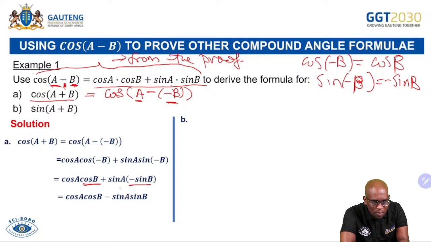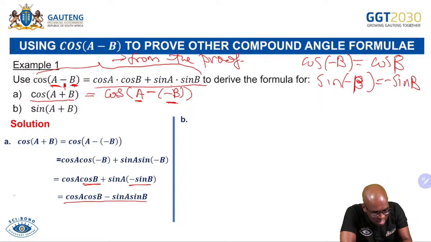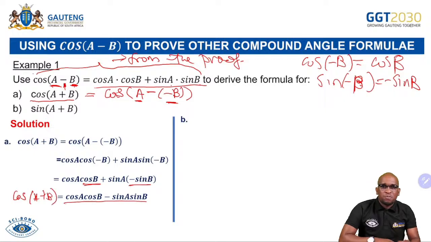We multiplied here, so that plus multiplied by a negative gives a negative. So the formula there would be cos A cos B minus sine A sine B. And this formula is representative of the cosine of A plus B.